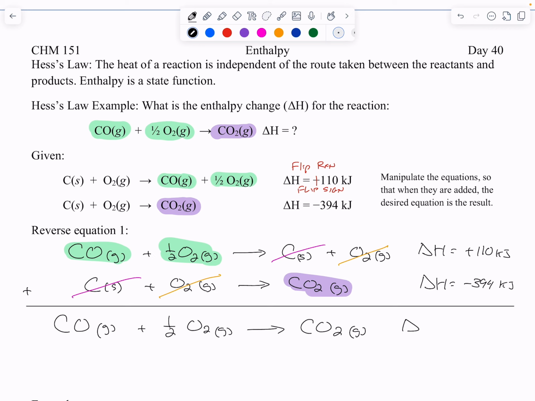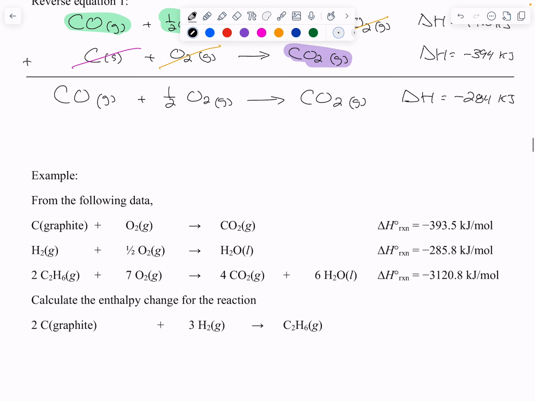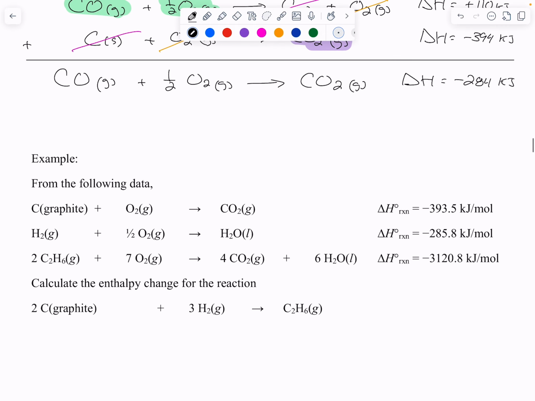And delta H then for the new reaction would be negative 284. All right, so that's all I basically did is eliminate what's not needed, kind of like if I wanted to eliminate something in algebra and go down. All right, so let's try one. I want you to try it, okay? So pause me, try it, and come back.